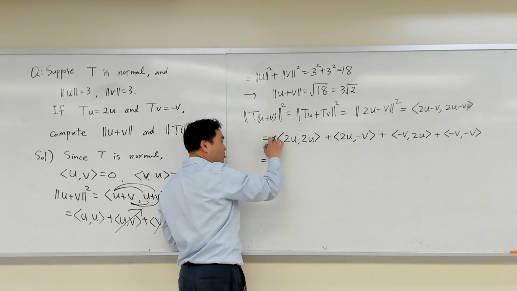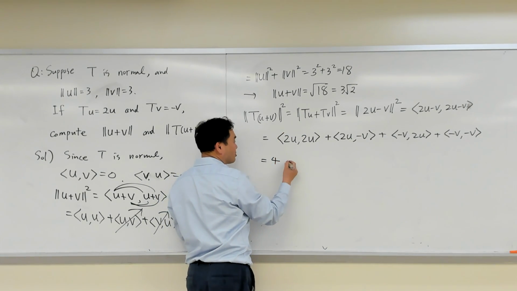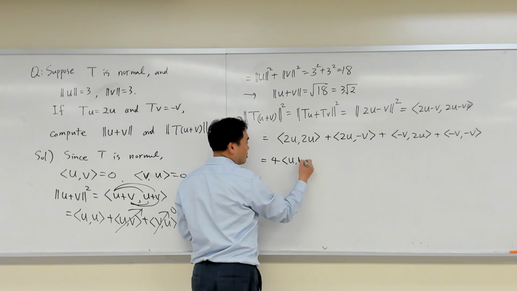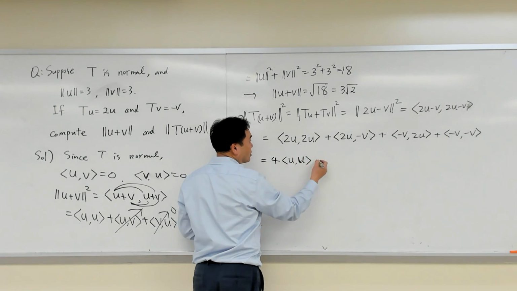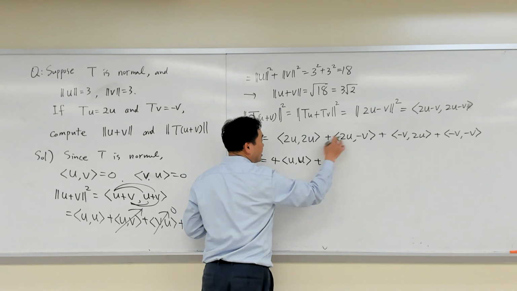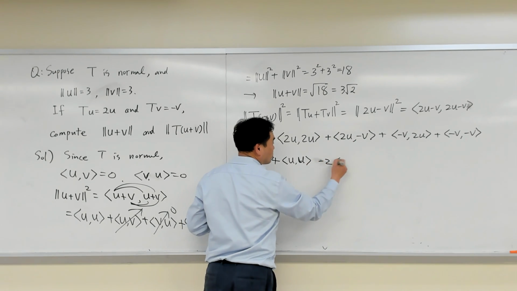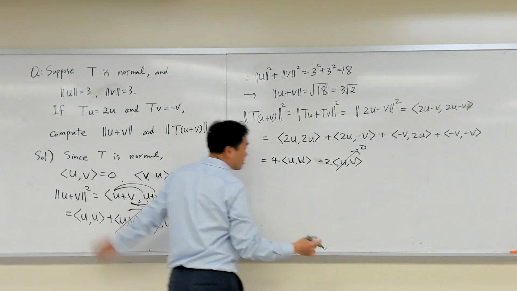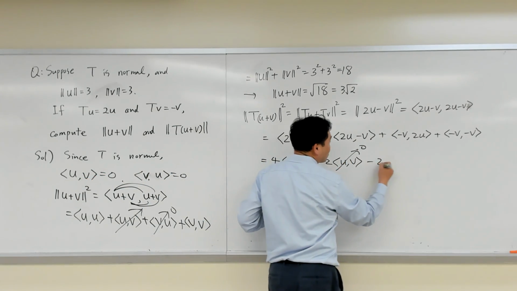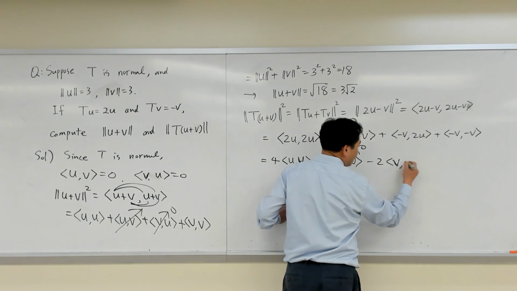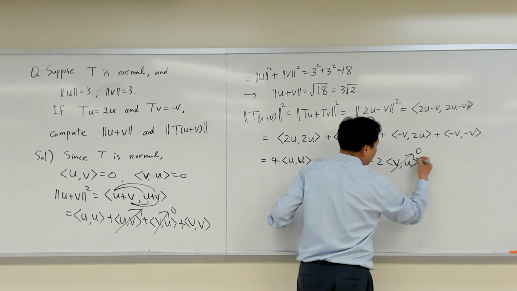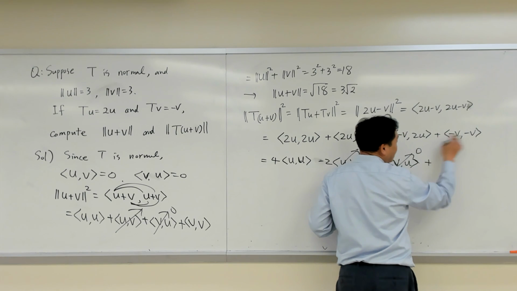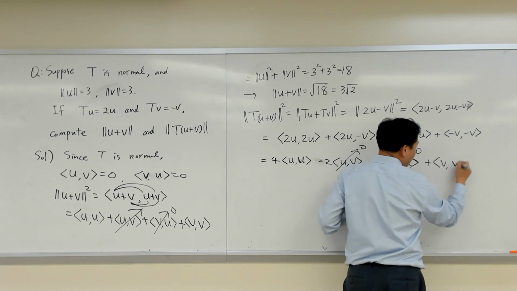The 2 comes out. Conjugate of 2 is 2, so you end up with 4 times <u,u>. 2 comes out, negative 1 comes out, so it's negative 2 <u,v>, which again is 0 because of this condition, minus 2 <v,u>, again 0. And then the negative comes out, so it's <v,v>.